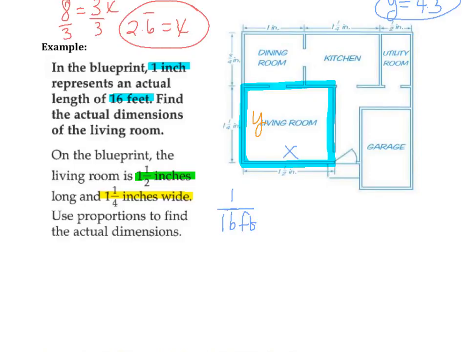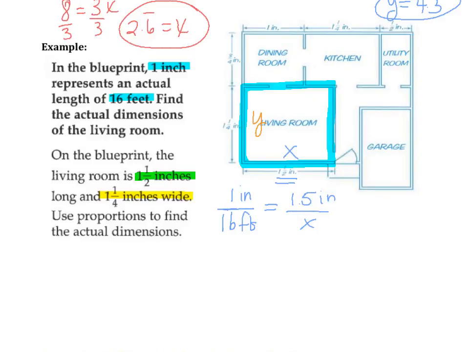So now this is 1 inch on the top here, and we got feet on the bottom. So when we're working to solve for our unknown in real life, we're going to use our dimensions that were given. So that's 1.5 inches. And we're looking to solve for that number of feet here.